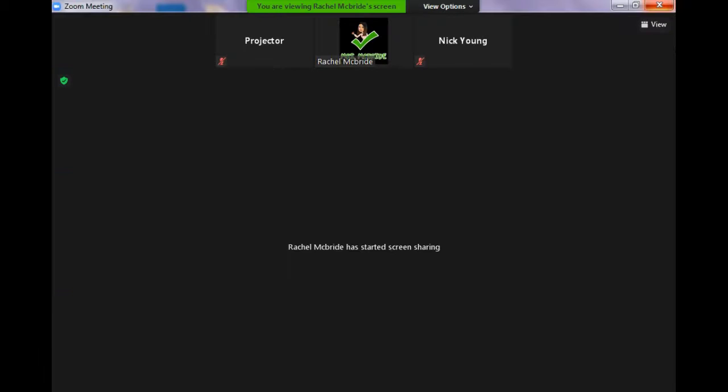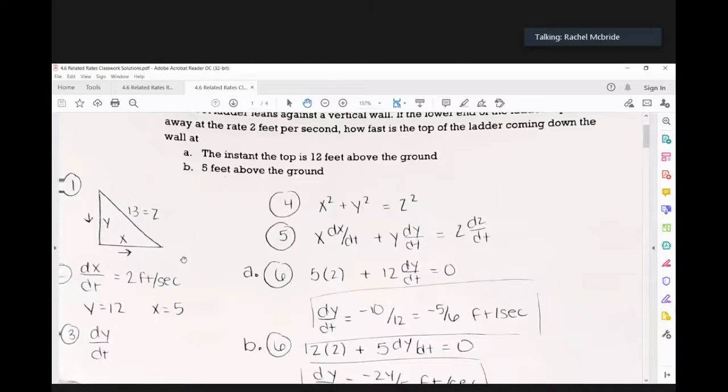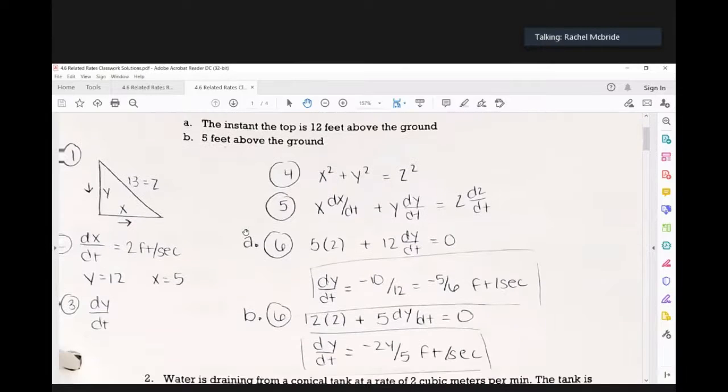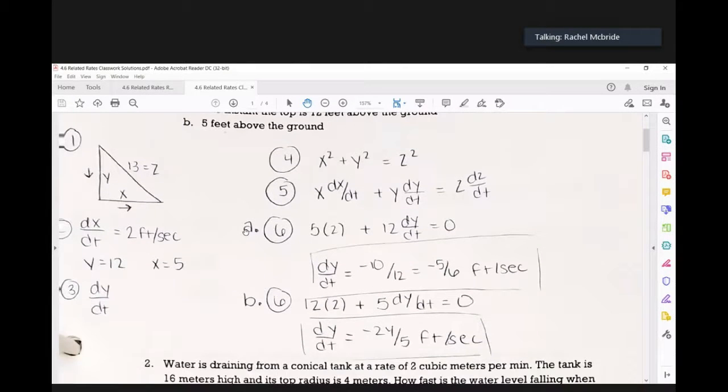So I'm going to share this answer packet with you. Is it easier for me to put it up on the board, or do you want me to send you a PDF copy? Okay, so I'll send the PDF copy of that. I am going to leave up 1 or 2 questions right now while I pass out the review packet for today.